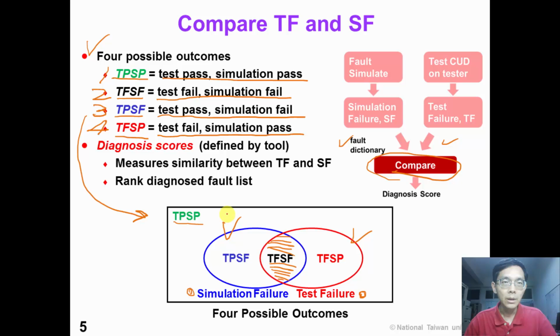Based on these 4 possible outcomes, we can calculate the diagnosis score, which measures the similarity between test failure and the simulation failure. With the diagnosis score, we can then rank the possibility of the diagnosed fault list. Please note that diagnosis scores can be defined by the tool.